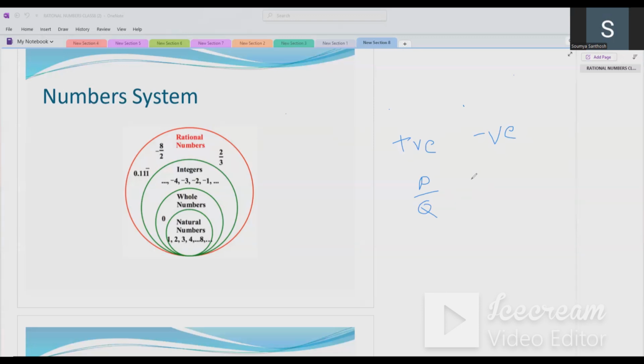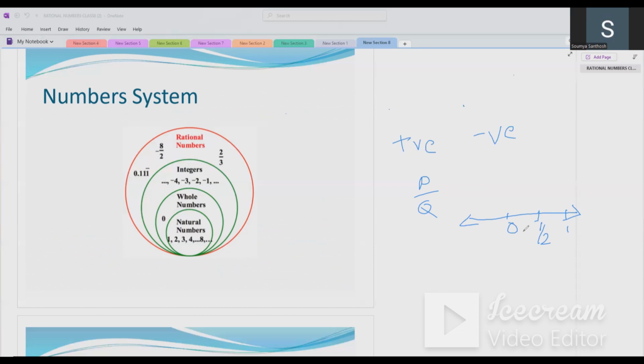Whichever two numbers you take on the number line, you can find a lot of rational numbers, right? So 0 and 1. Can you tell me one rational number which you already know between 0 and 1? What is that? 1 by 2, right?